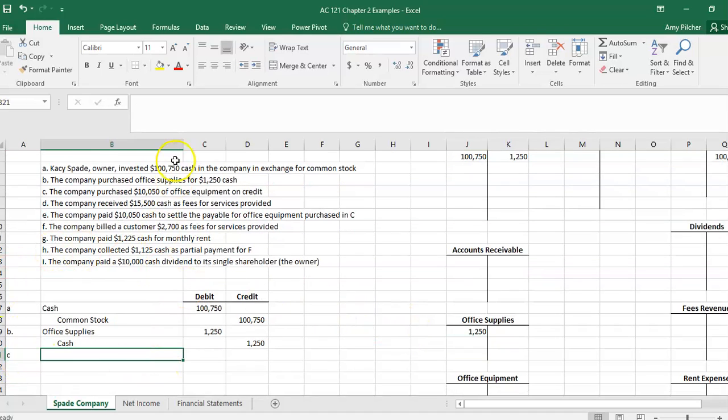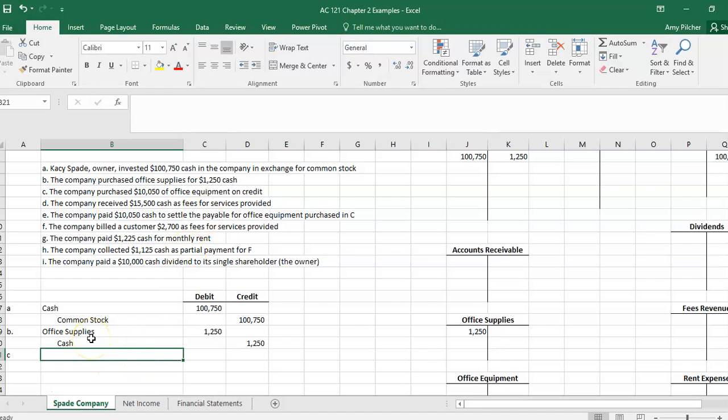Transaction C. The company purchased $10,050 of office equipment on credit. When we purchase something on credit, we gain an accounts payable. So we have an accounts payable and we purchased office equipment. Office equipment increases on the debit side and accounts payable increases on the credit side.